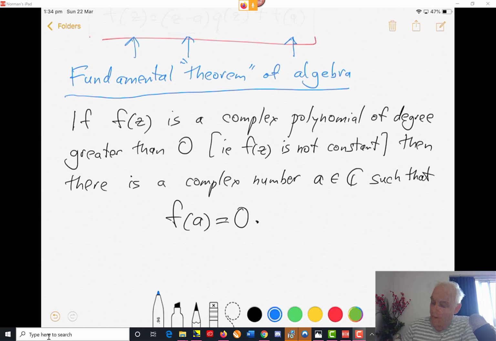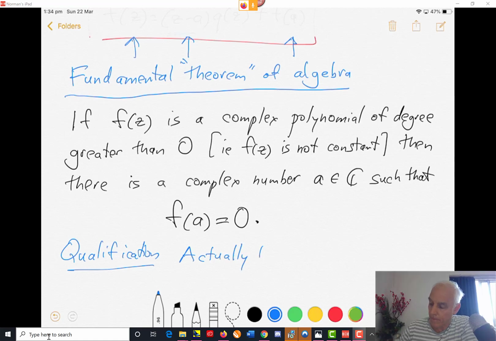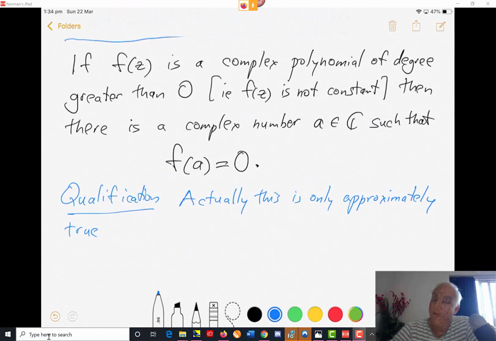So I have to qualify this. I'm sorry, but I have to do it. Qualification. This is only approximately true. And in fact, to be honest with you, there have been many proofs of this result going back to Euler.